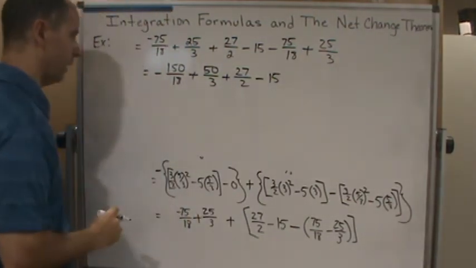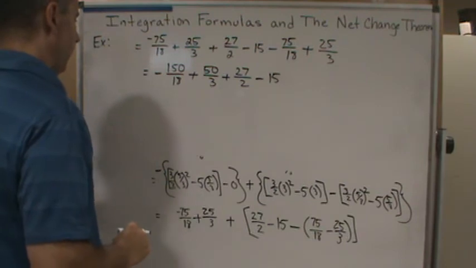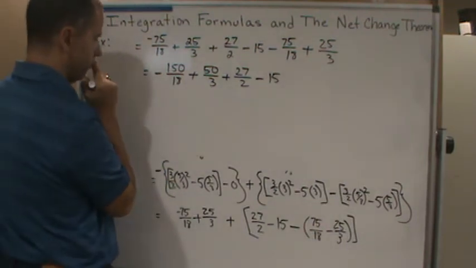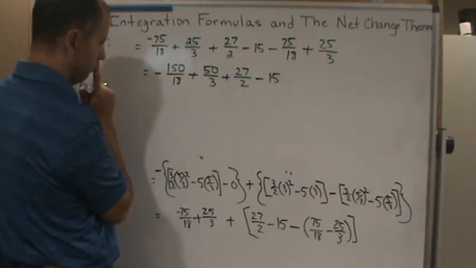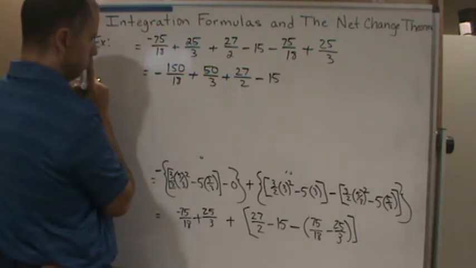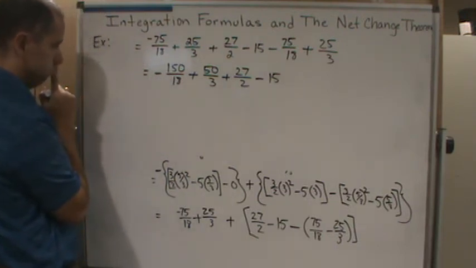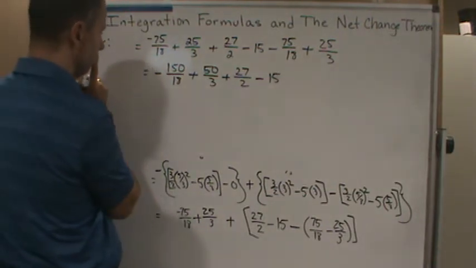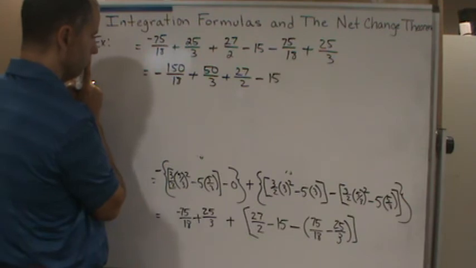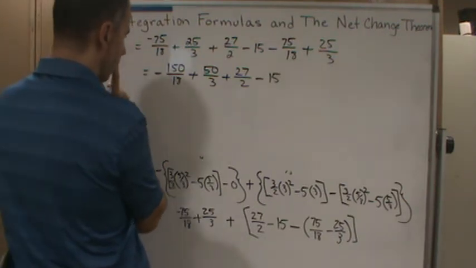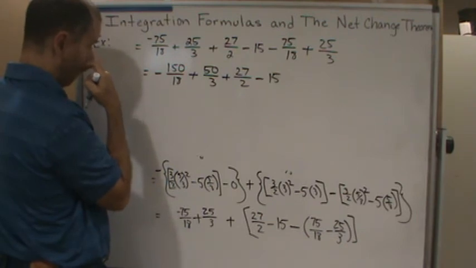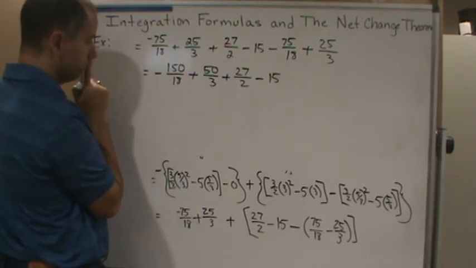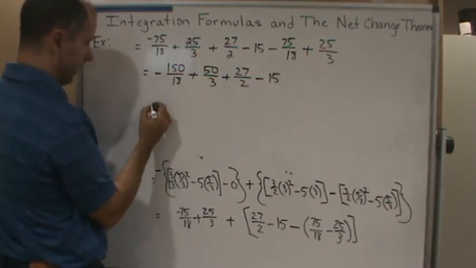Okay, so now this is where, let's see here. This is divisible by 6, and this is divisible by 6.